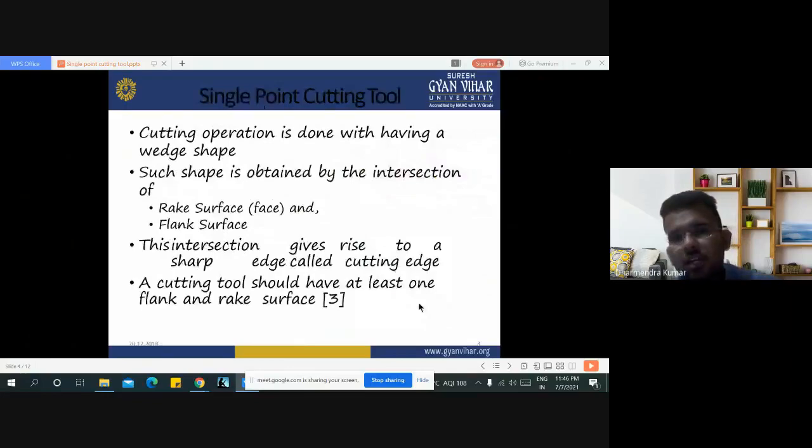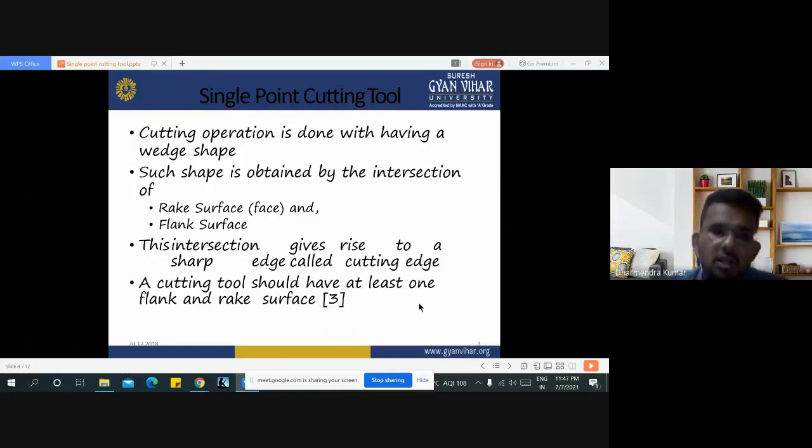Here, for the single point cutting tool, some definitions: cutting operation is done with a wedge shape or one cutting angle. Such a shape is obtained by the intersection of the rake surface and the flank surface. This intersection gives rise to a sharp edge called the cutting edge.